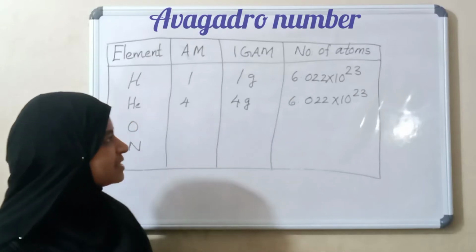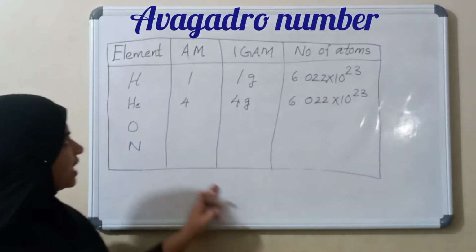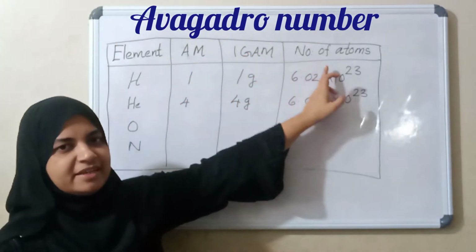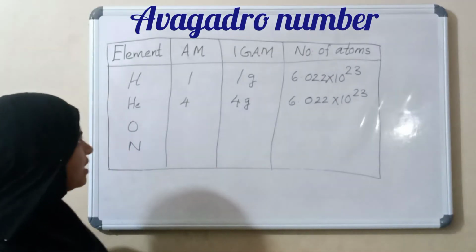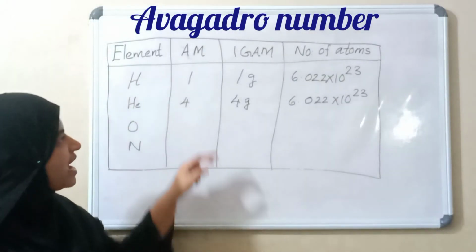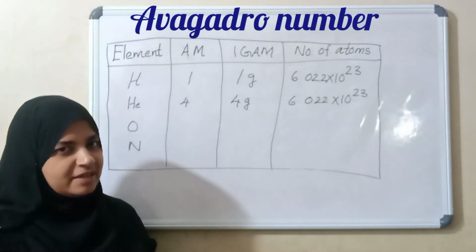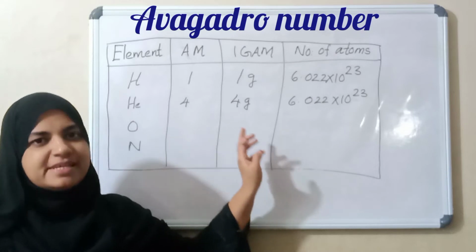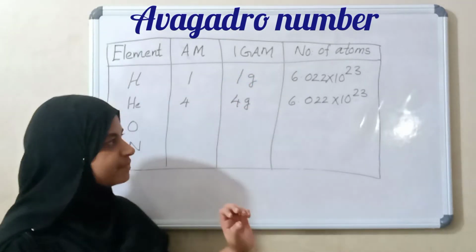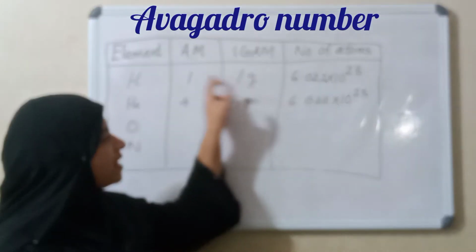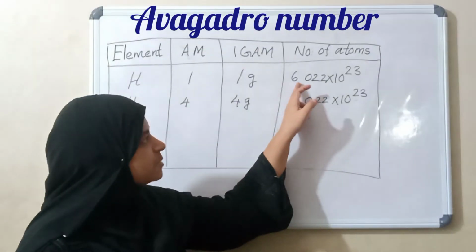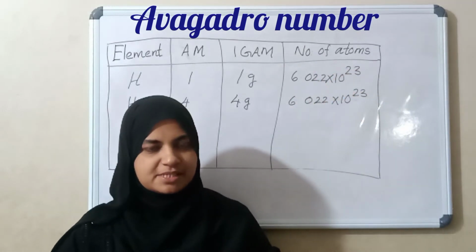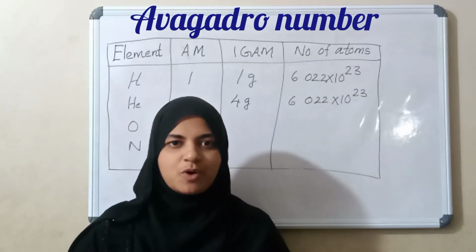Okay? Look at this table. This table contains element, atomic mass, 1 GAM, then number of atoms. Here the first one, hydrogen, having atomic mass 1. Then its GAM is 1 gram. We already said that it is atomic mass expressed in gram, that is 1 gram. This 1 gram hydrogen contains 6.022 × 10^23 atoms. Is this number big or small?